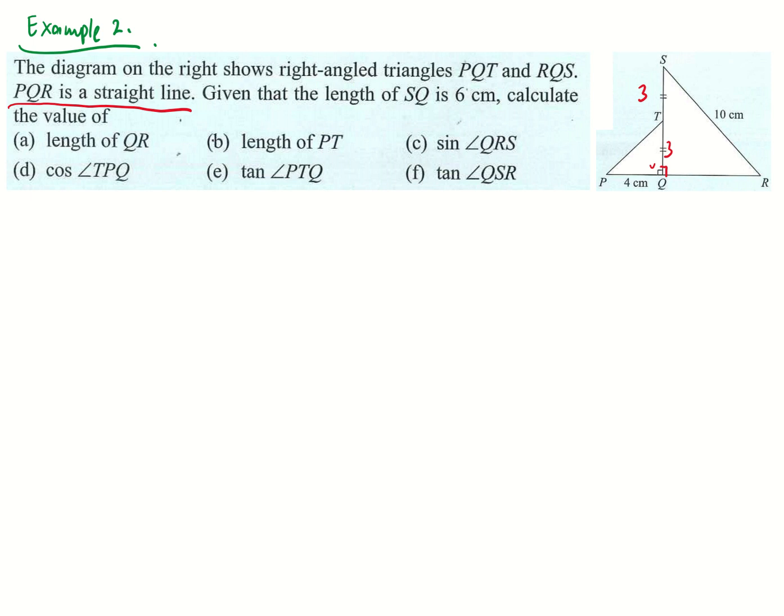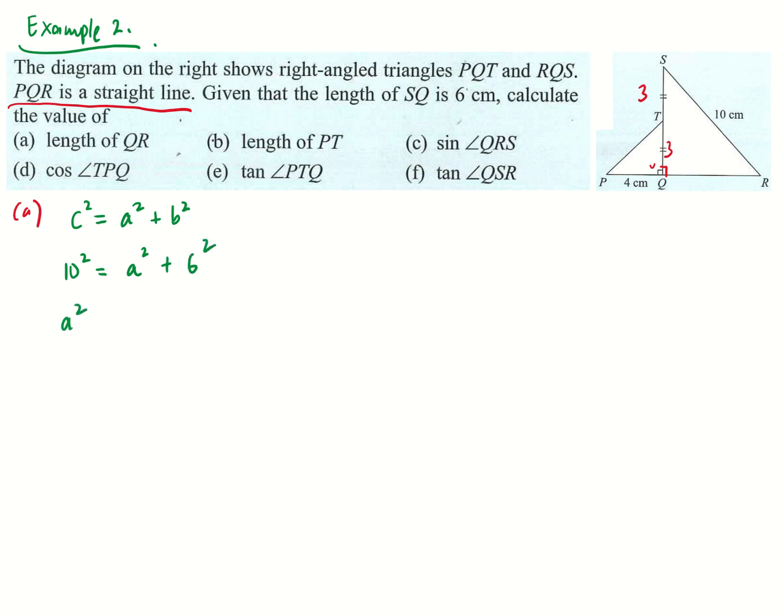So by using theorem Pythagoras, for question A, for every hypotenuse, c square equals a square plus b square. We have the hypotenuse is 10. The base we don't know, so we can put A square. The height we know is 6, so 6 square.